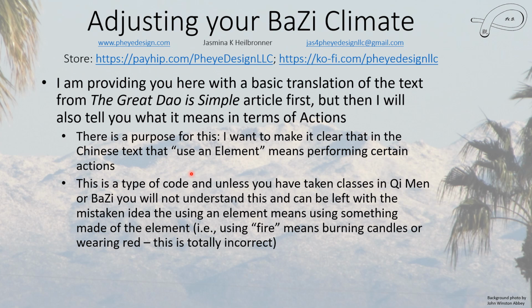I mean, that's code. The idea, Fire Day Master, that's code for these properties of a person. And that's exactly what using an element means. It's code for properties of basically that person, a person who has that element.